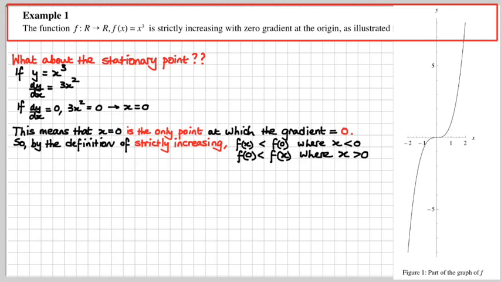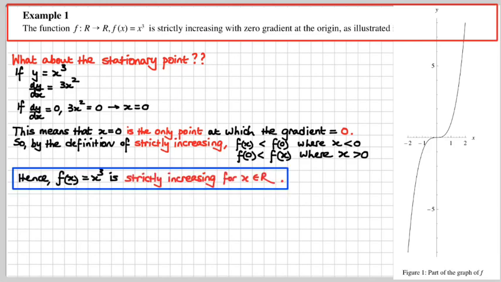You see, so it does comply with the definition of strictly increasing. So therefore, f of x equals x cubed is strictly increasing for all real x, according to this definition.